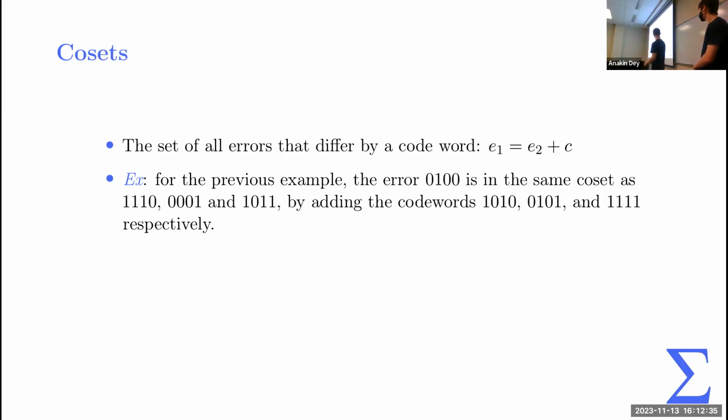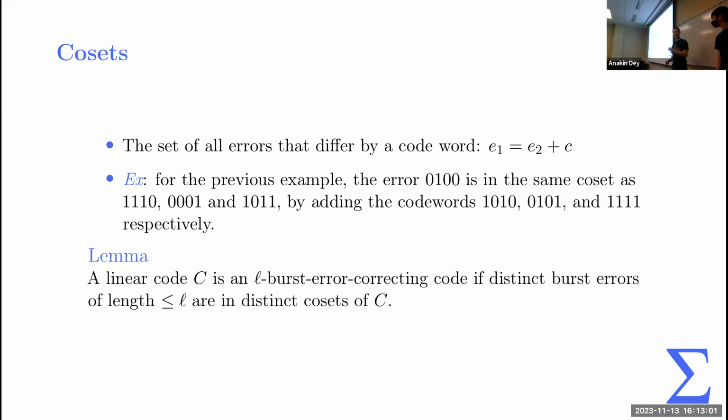And these are all the valid code words. If we add each of these to this, so 1, 0, 1, 0 plus 0, 1, 0, 0 gives us this. So each of these are all in the same coset together.